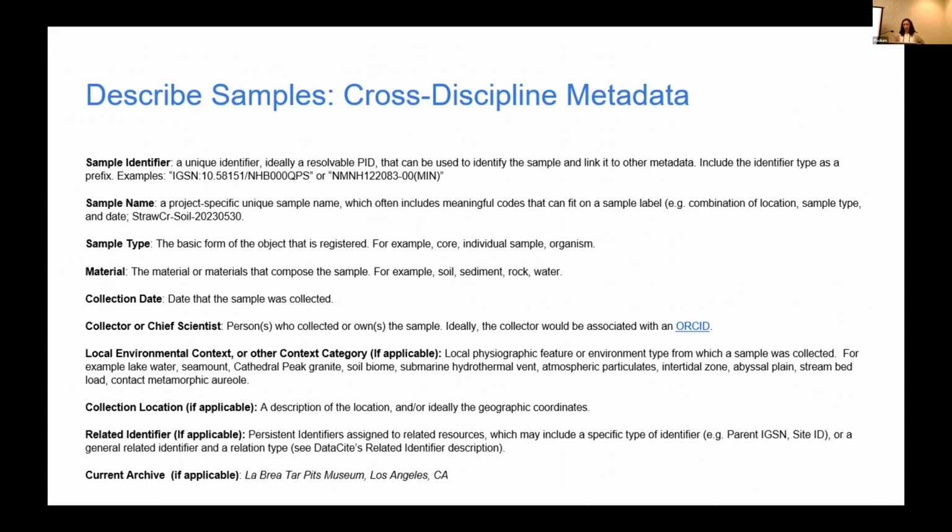So we have a list of the metadata that we believe, based on previous work, is most useful for global sample search and for giving credit for samples. But if you think additional things are needed, then that would be a good thing to put into the form or to contribute to our guidelines. So I'm going to move on to the next one here.